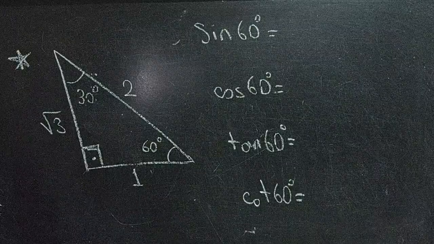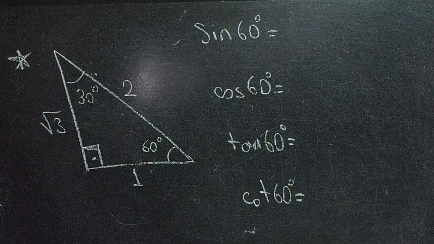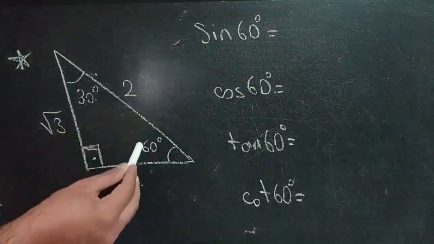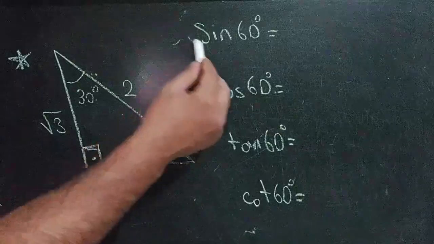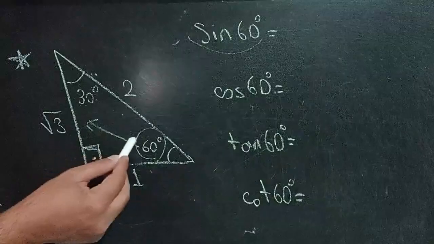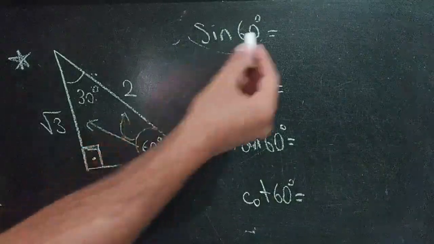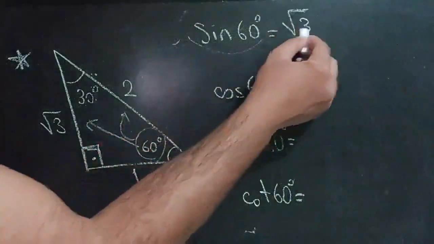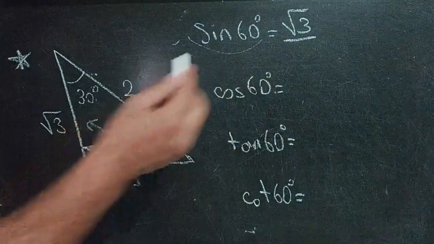All right, now let's talk about 60 degrees. So 60 is there. Sine 60 is going to be opposite over hypotenuse, which is going to be square root 3 over 2.